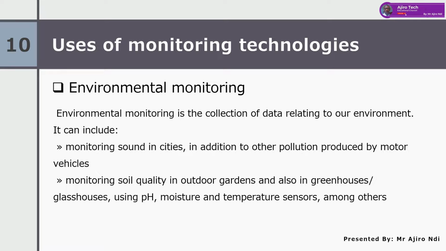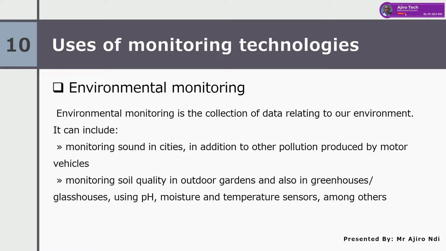Environmental monitoring is closely linked to climate studies, so it can also include, and I can just talk about two of them and then we move on, detecting abnormally high temperatures using a temperature sensor, so people can be protected from danger.